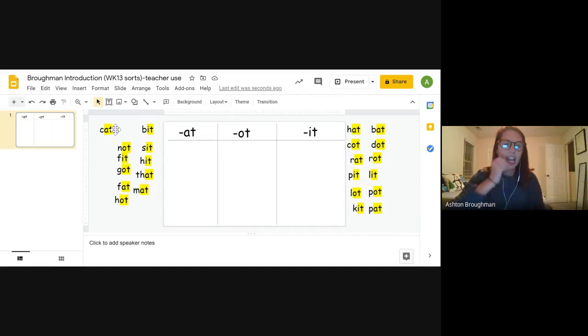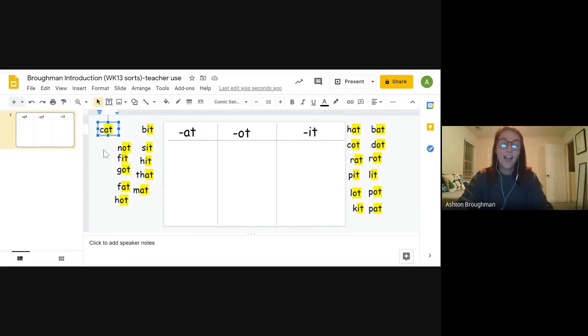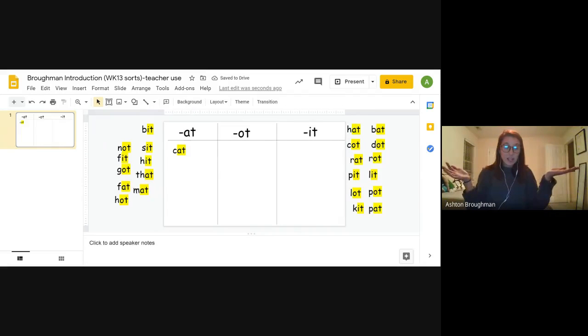What sound did we say AT made? At. Good job. So we're going to put those sounds together to make the word. At. So what word do we have? Cat. Good job. And so what word family does cat belong to? The at word family. And how did you know? Because it ends with at.